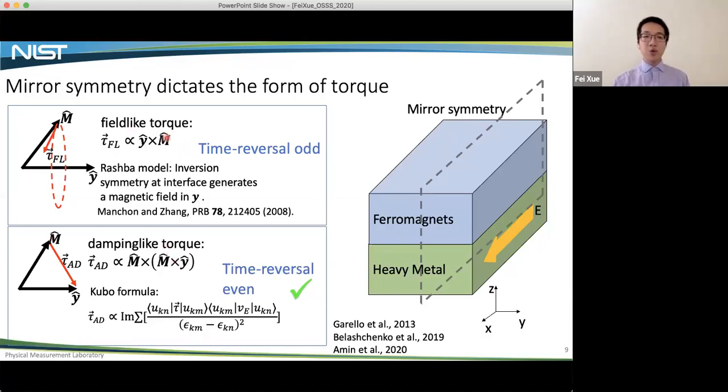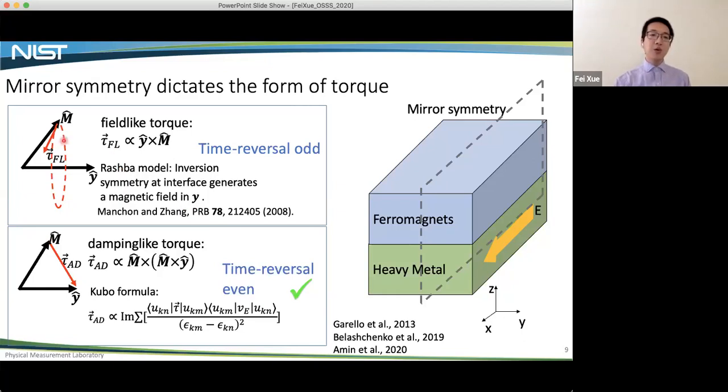One is the field-like torque, which is a time reversal odd one. It has a form of y cross m. Y is basically the effective magnetic field generated by the so-called Rashba model. So please check out this classical, seminal reference, talking about how to generate field-like torque from the Rashba model.